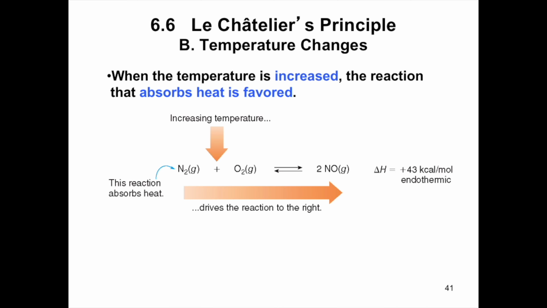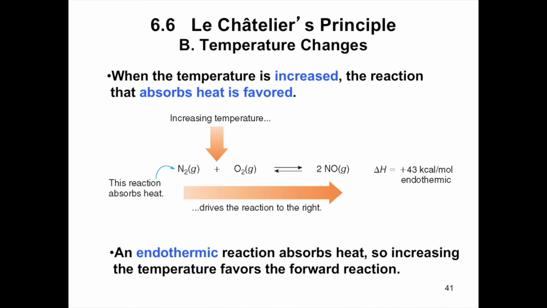There is a positive 43 kilocalories per mole of delta H. Since an endothermic reaction absorbs heat, increasing the temperature increases the rate of the forward reaction to form more product. The equilibrium shifts to the right. Remember, an endothermic reaction absorbs heat, so increasing the temperature favors the forward reaction.